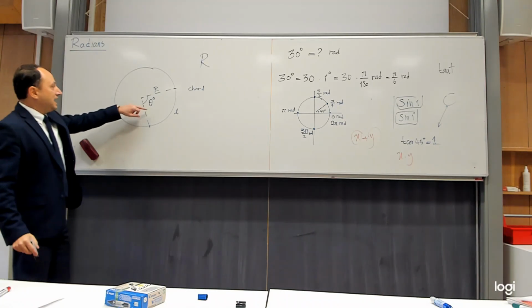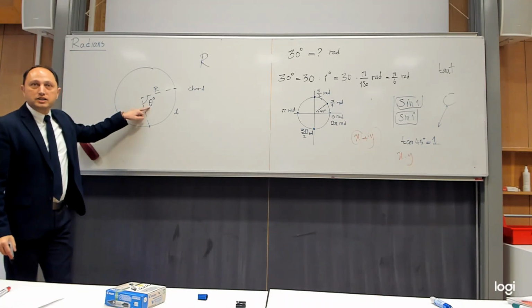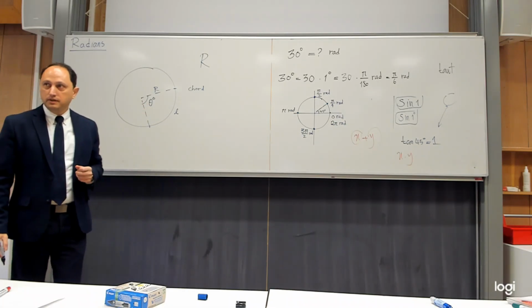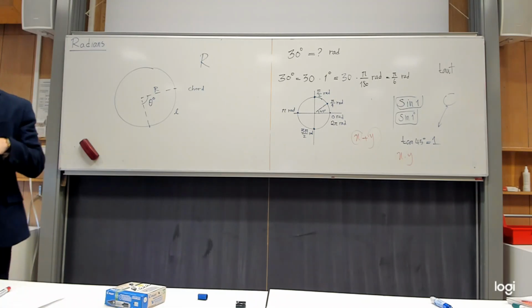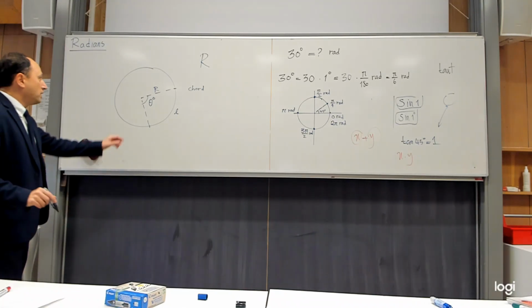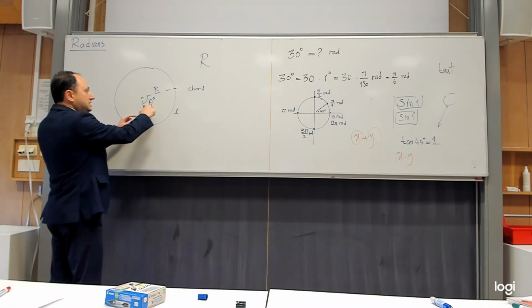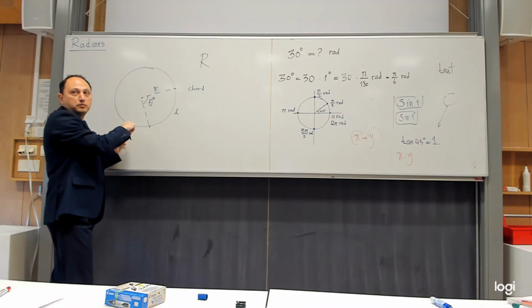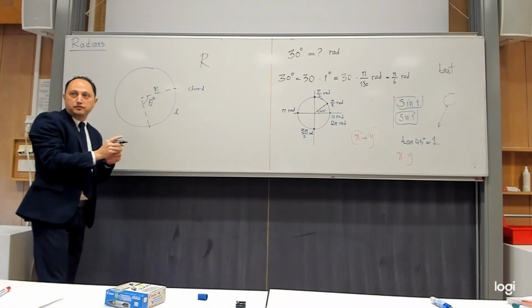I would say that if this angle is 360 degrees, I know the answer. Is it 360 over theta times 2 pi r? Yeah, exactly. That's just simple. If this angle is 360 degrees, I know the formula because it becomes the whole circumference.